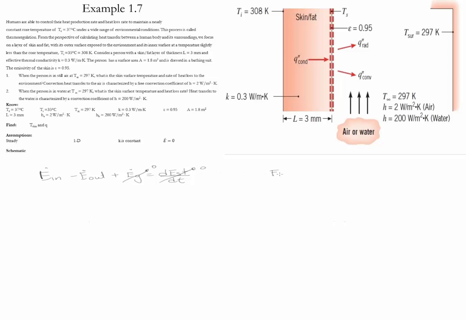This equation then simplifies to the energy going in has to be equal to the energy going out. For our case, the energy going in is equal to the conduction heat flux, and the energy leaving is a sum between the convection plus the radiation.